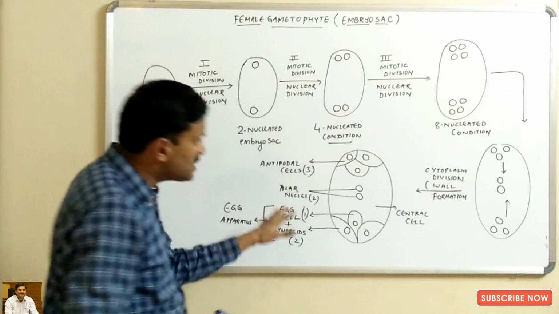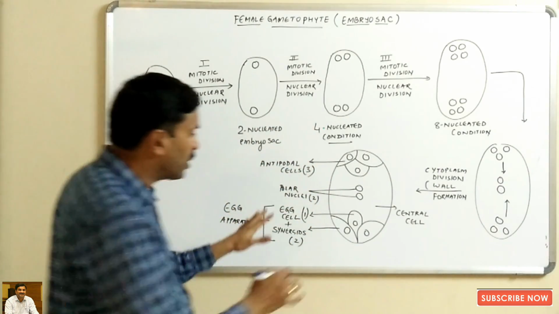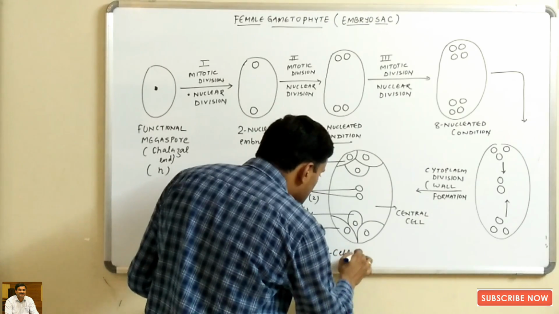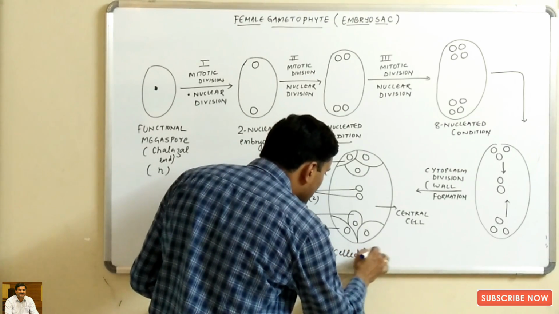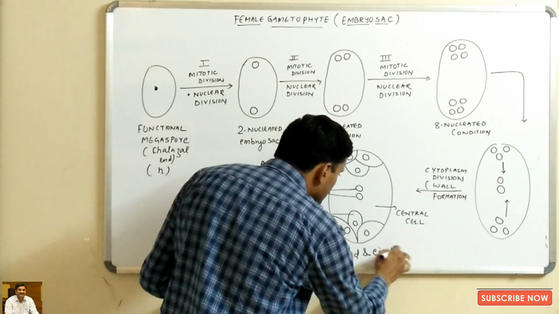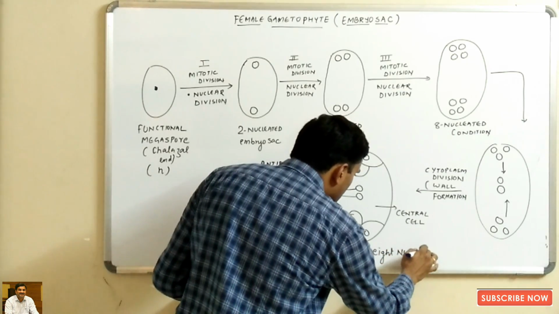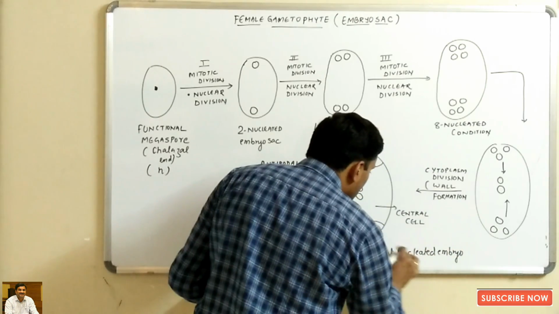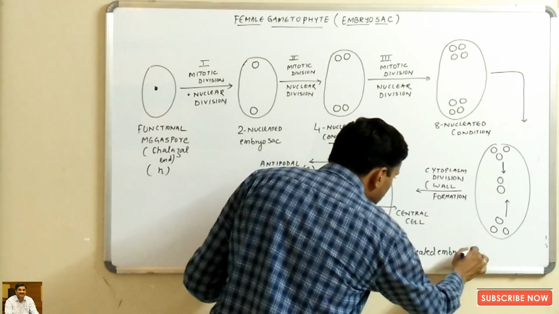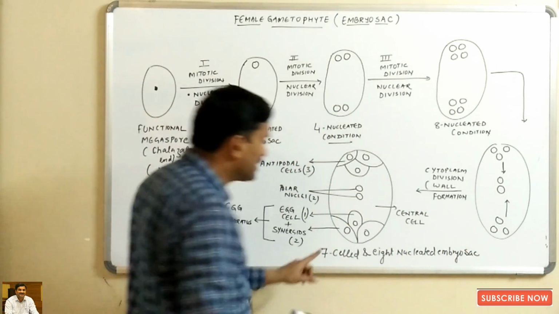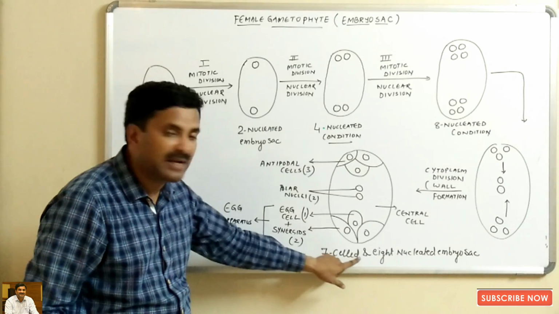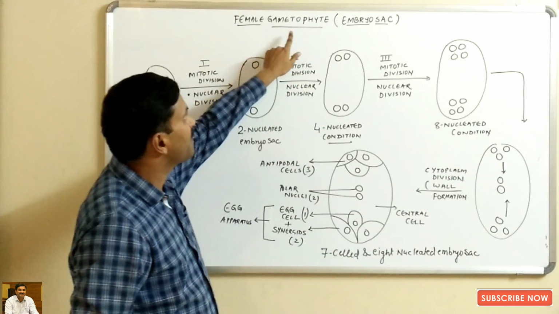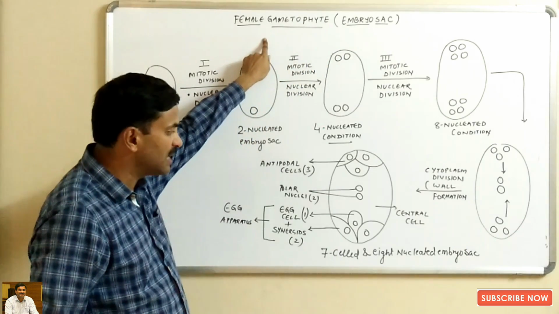So this structure is called a 7-celled and 8 nucleated embryo sac, or we can say that this is a 7-celled and 8 nucleated female gametophyte, because we know very well that the embryo sac is also called the female gametophyte.